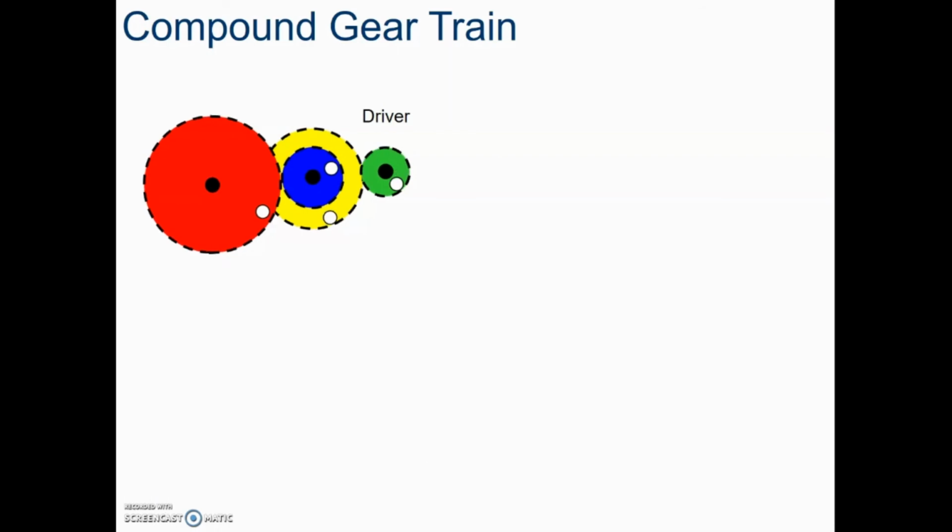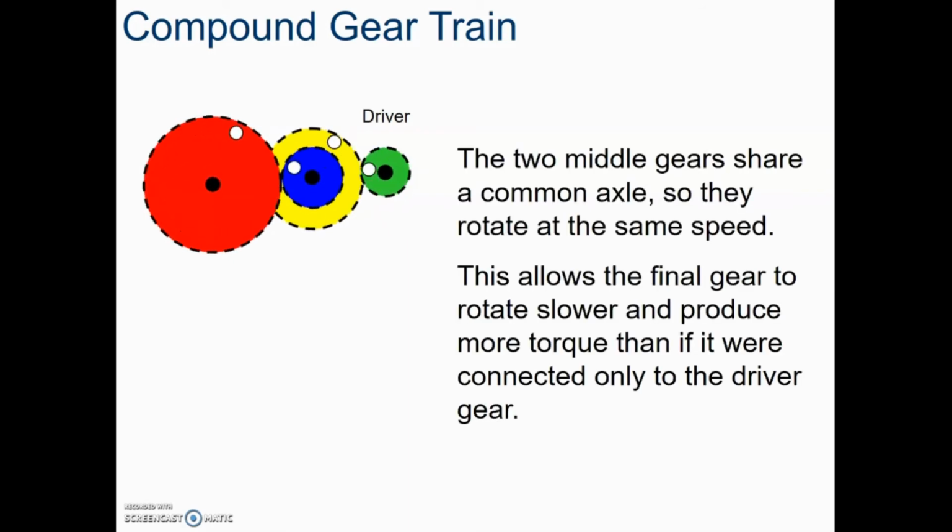And here we have a great example of a compound gear train. We're no longer just a simple nice line. We have stacks of gears on top of each other. And the calculations are going to look a little bit different. So notice the ones in the middle, the ones that are stacked on top of each other, are moving at the exact same speed. One really nice thing about compound gear trains is we can get a lot of torque out of them.